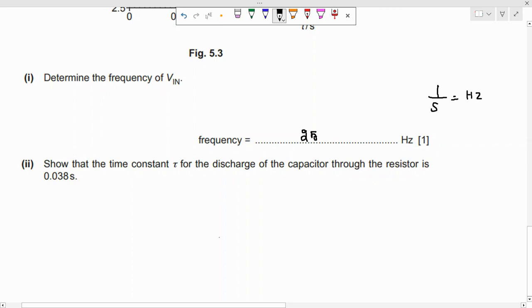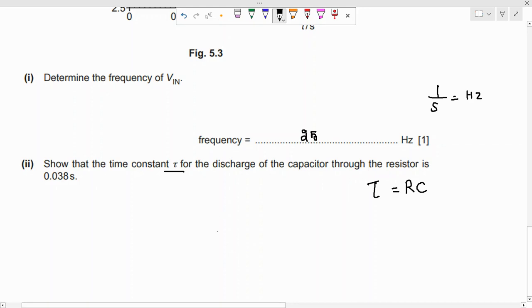And then one more thing, here they are asking to show that the time constant for the discharge of the capacitor through the resistor is 0.038. So time constant is nothing but RC, resistance and capacitance. But actually we are having resistance, but we don't have a capacitance, right? So we have to use some other formula. From the curve we can get that formula.